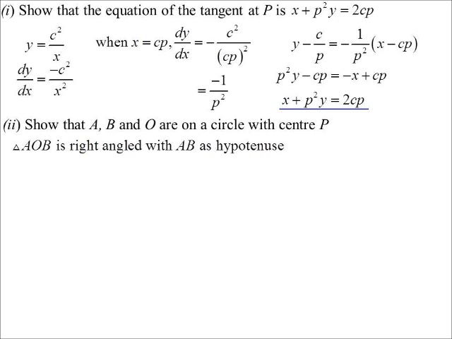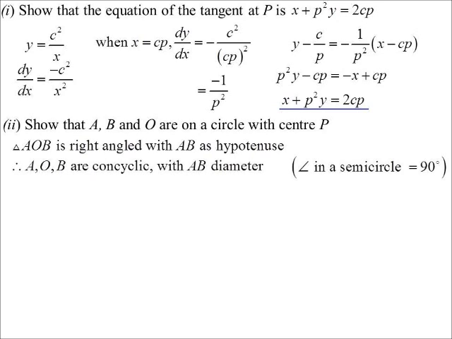X. B is on the other axis. O is the origin. So triangle AOB must be a right angle triangle. Now any right angle triangle, you can draw a circle around it where the hypotenuse is the diameter. And so that's what we've got. We've got a right angle triangle. AB is the hypotenuse. The other thing we had to prove was the center was P.